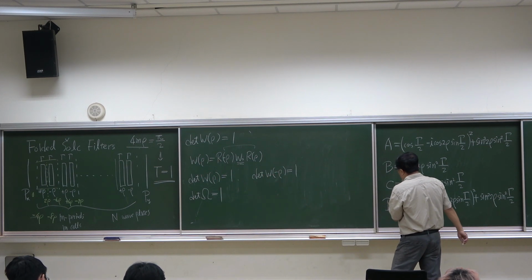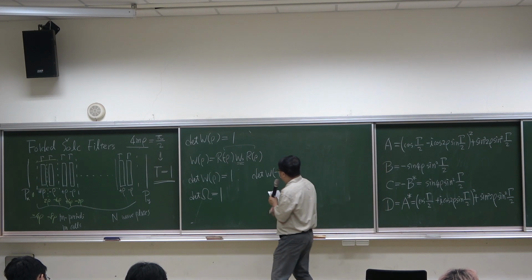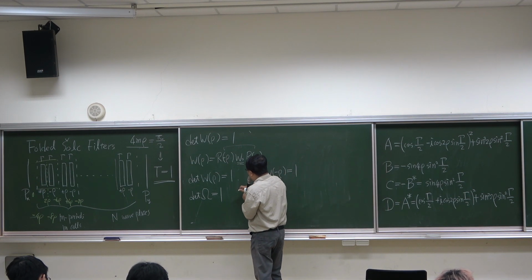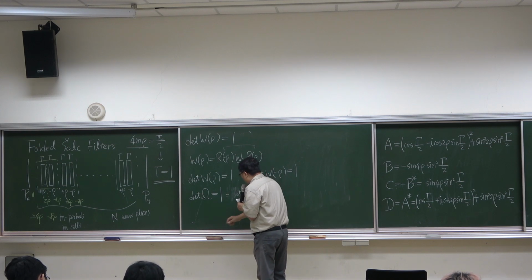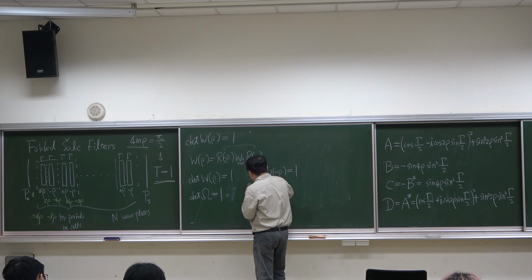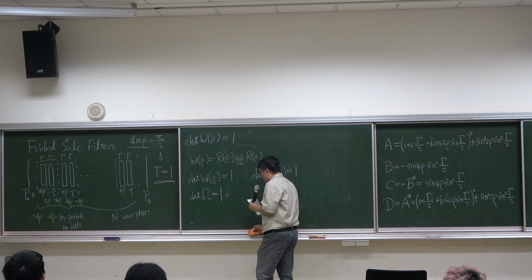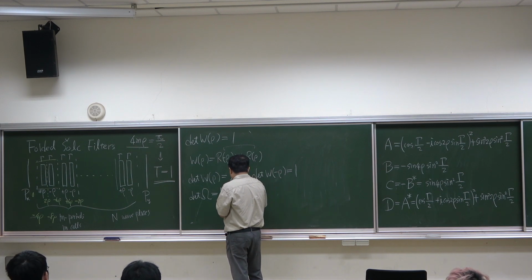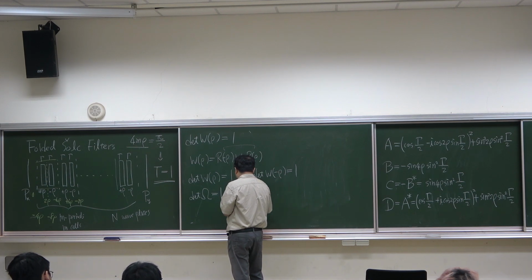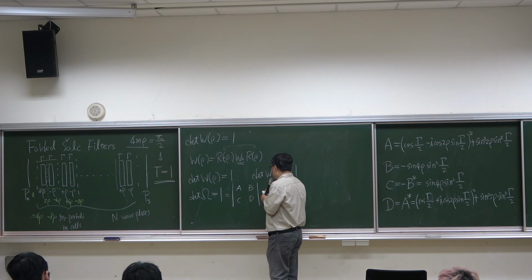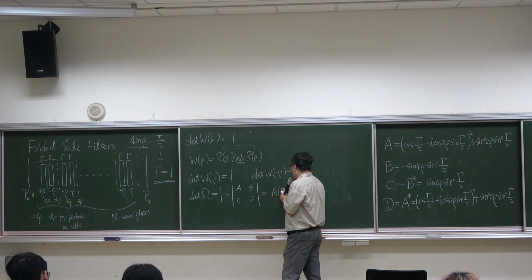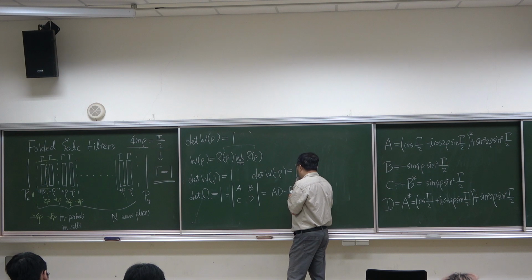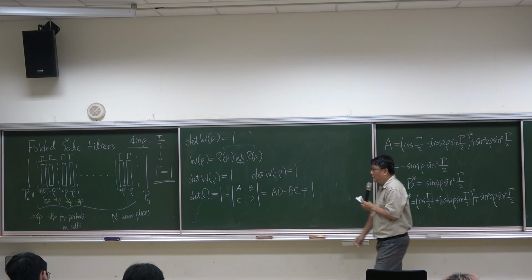Since we denote omega as A, B, C, D, this tells us that AD minus BC is equal to 1.